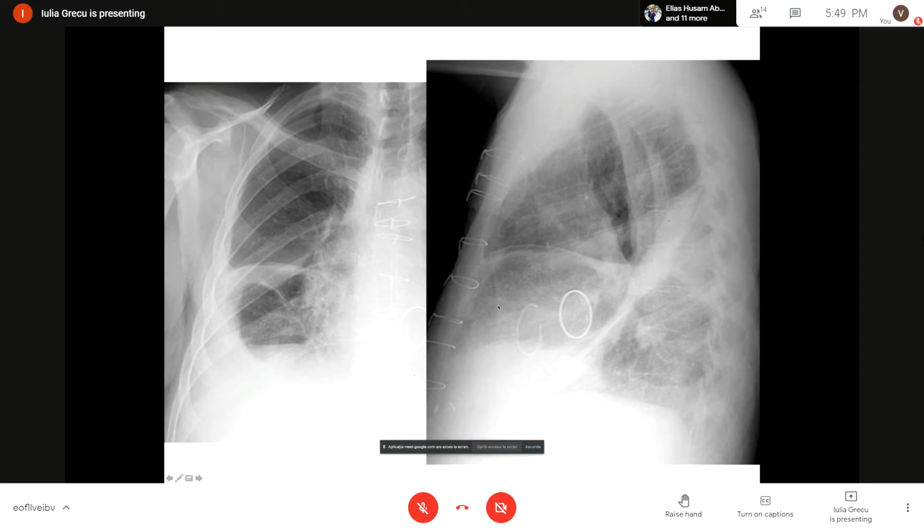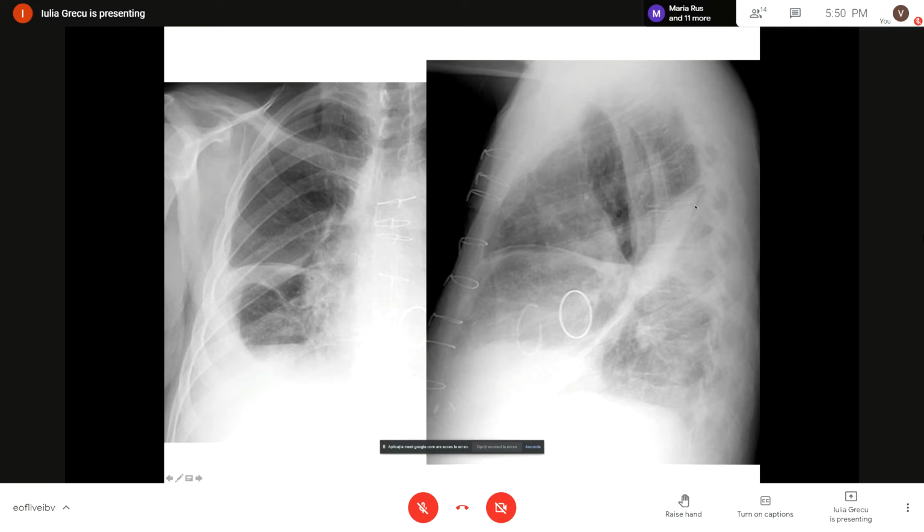Can you say on this lateral view what kind of effusion is there in the fissures? Where is it? It's the major fissure. Is the major fissure, first of them.